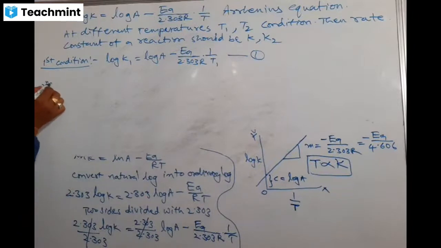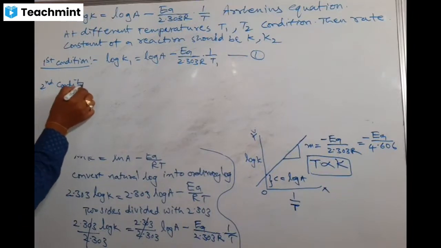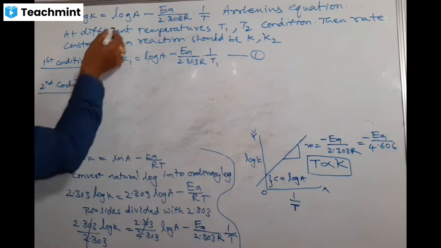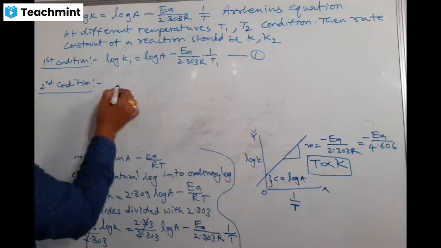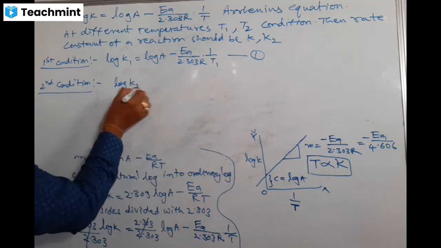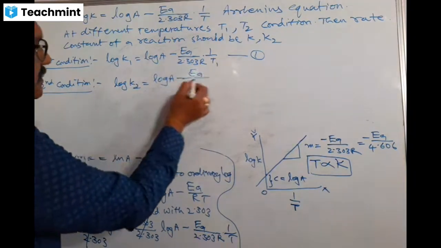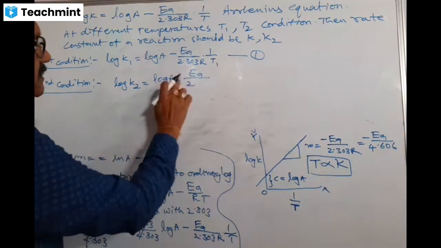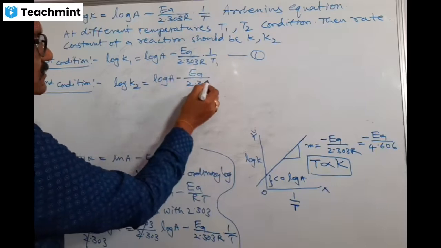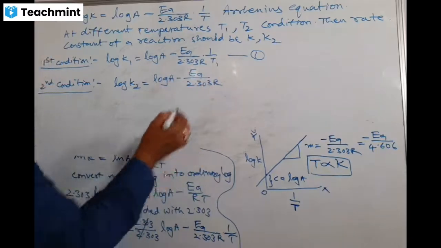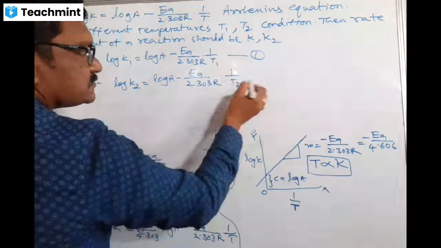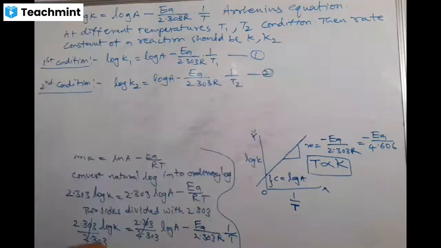Second condition: that means at temperature T2, the rate constant is K2. log K2 is equal to log A minus EA by 2.303 R into 1 by T2. This equation we call equation 2.